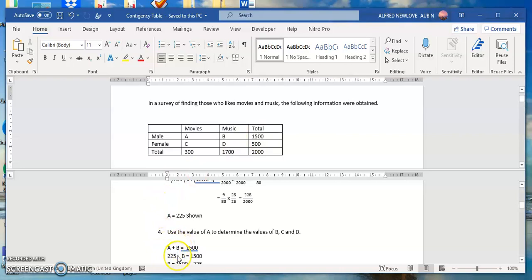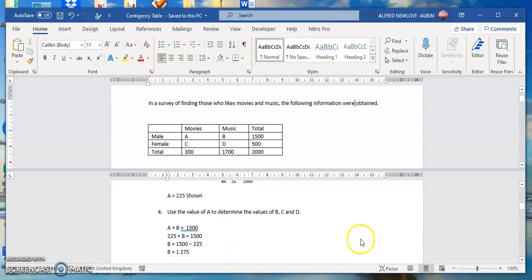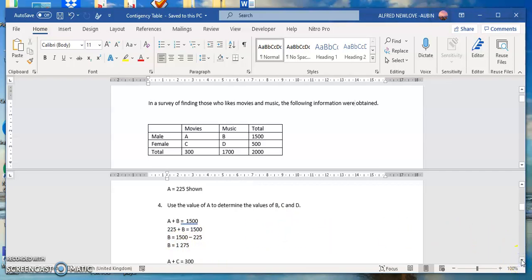But we know A to be 225, plus B. So if you transpose, plus becomes minus, and you are going to get B to be 1,275.